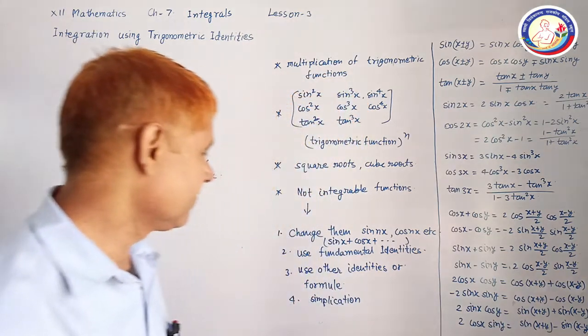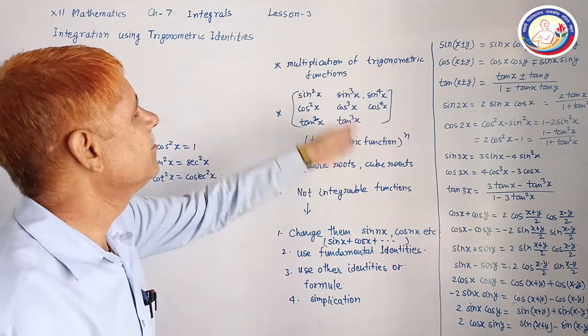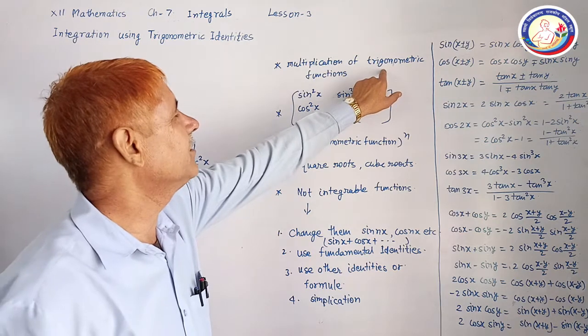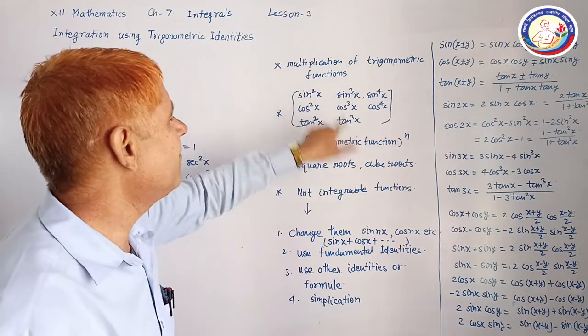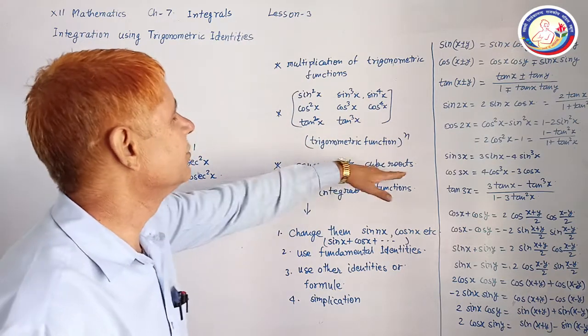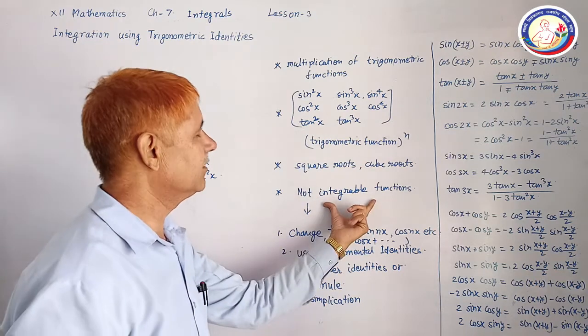So what we will do, first of all, is see the function or integrand. Then we can have functions that are multiplications or additions of some trigonometrical functions, or powers, or roots; these are not integrable functions.